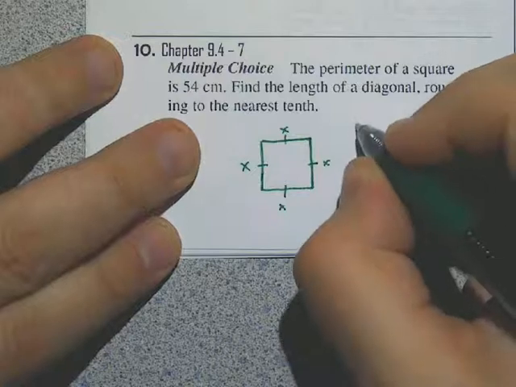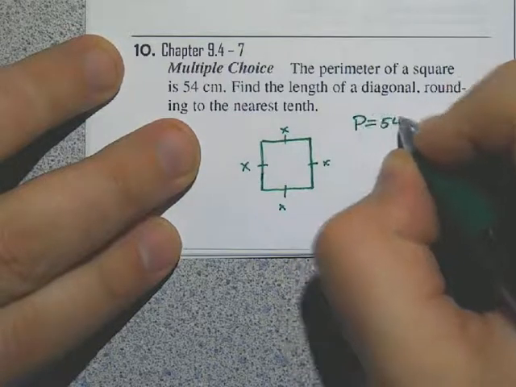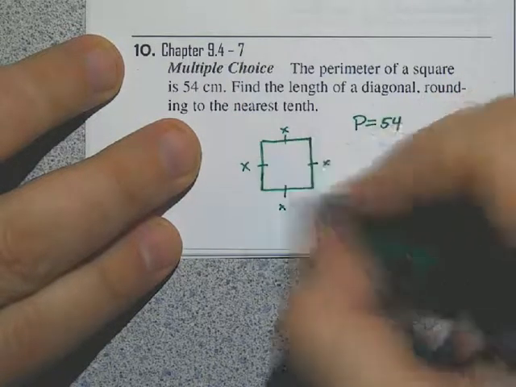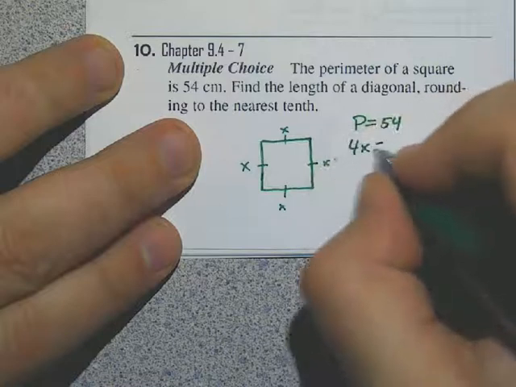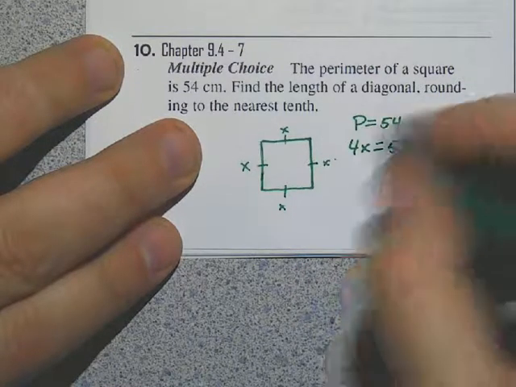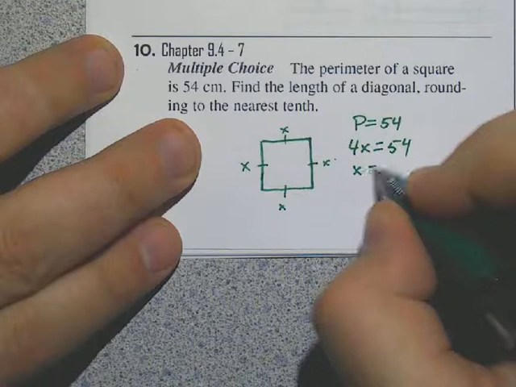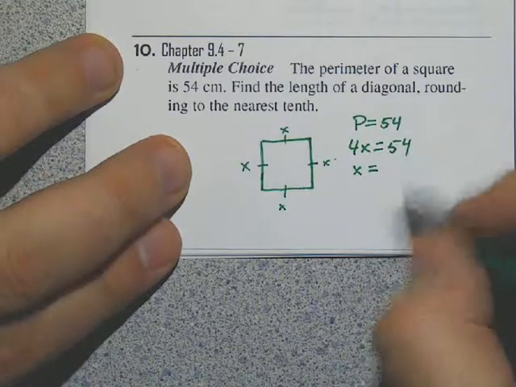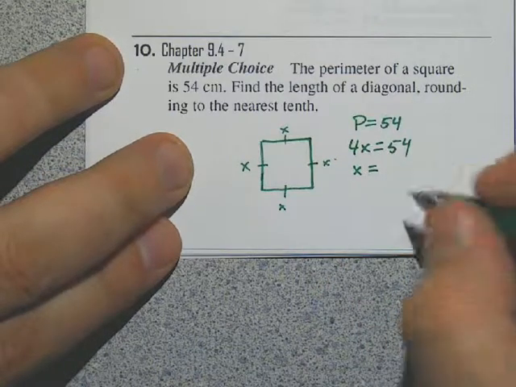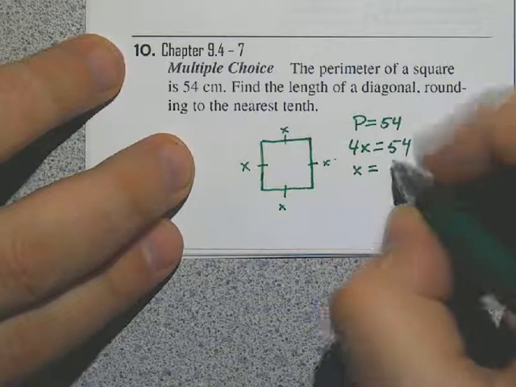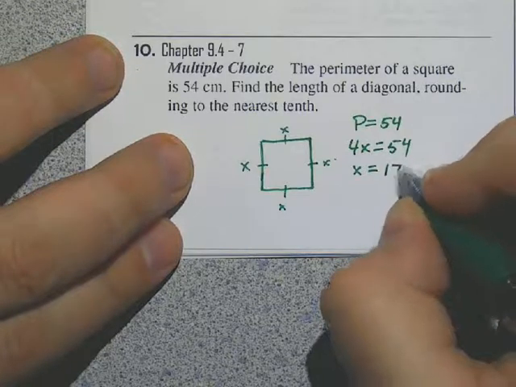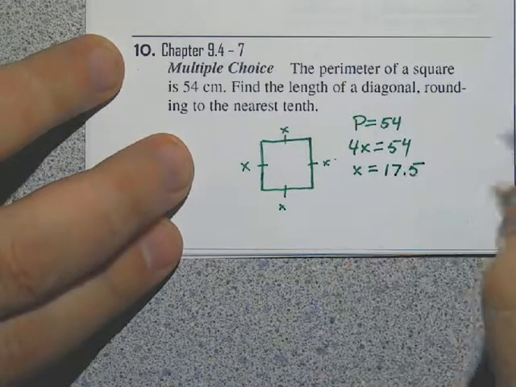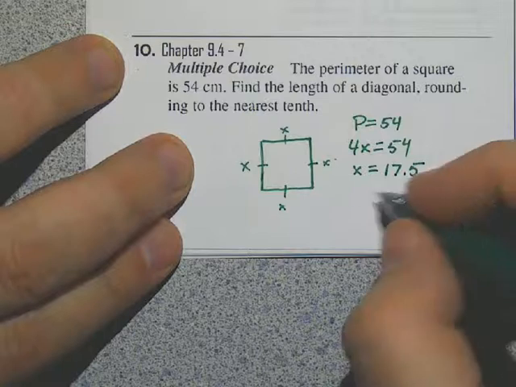So I'm going to say, look, perimeter equals 54. That means that x plus x plus x plus x, that's 4 x's equals 54. So I'm going to divide both sides by that. I'm going to get x equals, now 54, that's 40 plus 14. That doesn't go real easy. That's going to be, what, 17.5, I believe. Okay? I may be wrong on that, so check me.